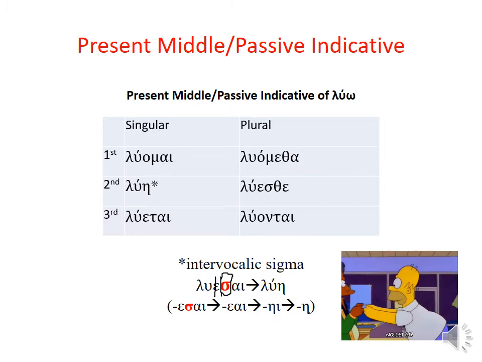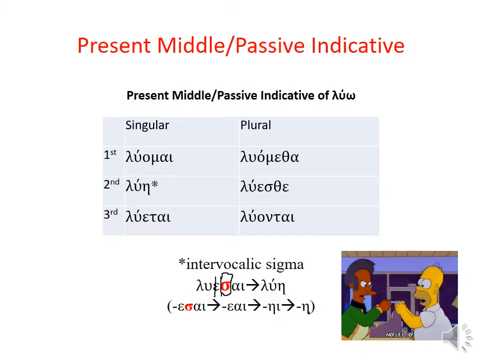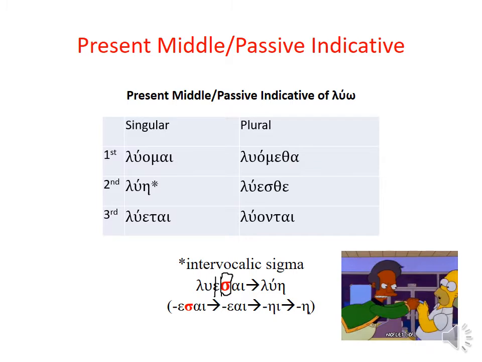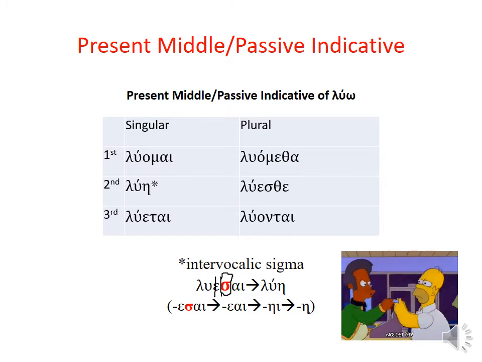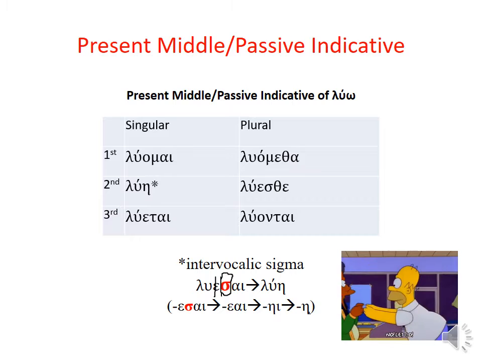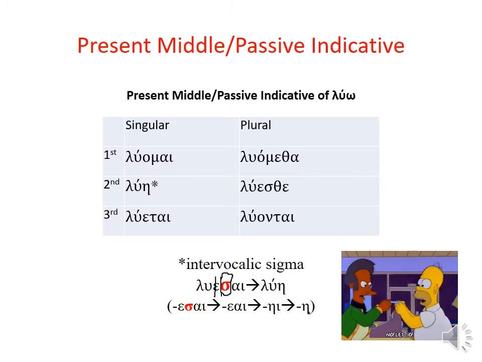The intervocalic sigma seems to be destroyed in some way by the epsilon and the alpha that it's caught between. Either it's smothered to death by these two vocalic lovers, or it's in some kind of competition for the sigma, torn to pieces and absolutely destroyed, at which point it goes away.